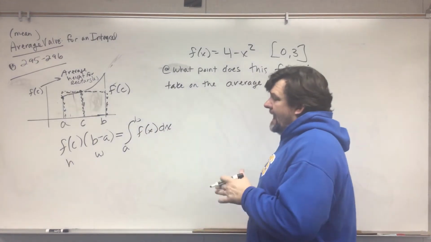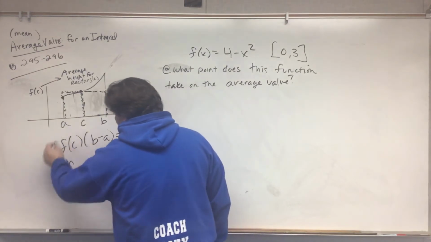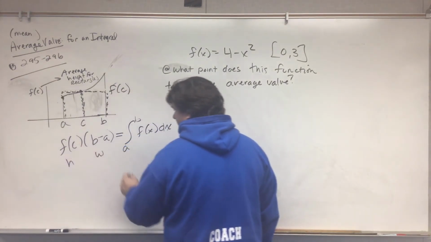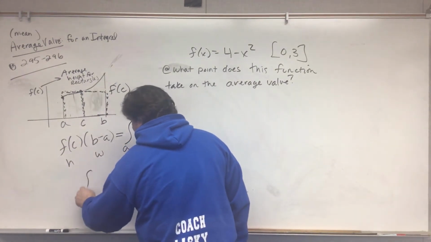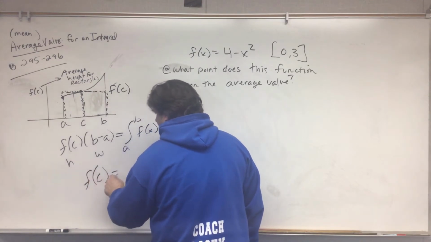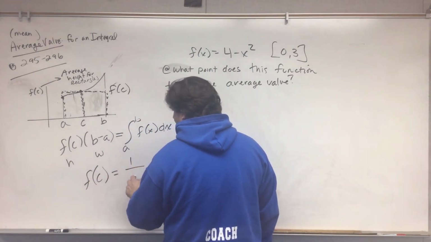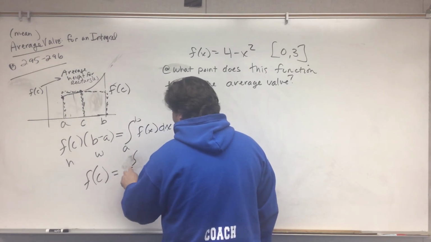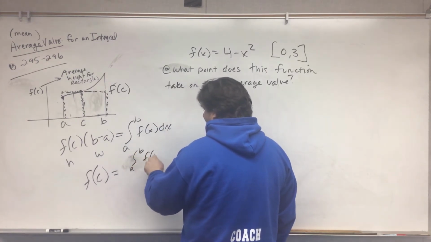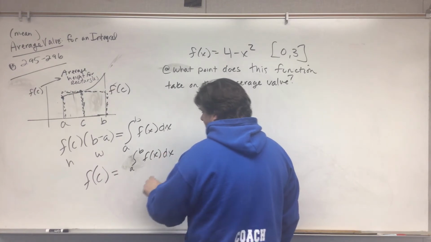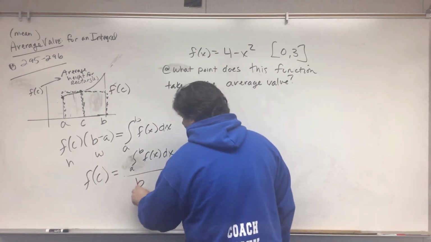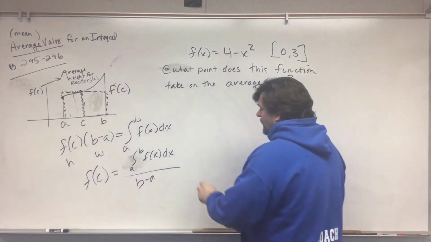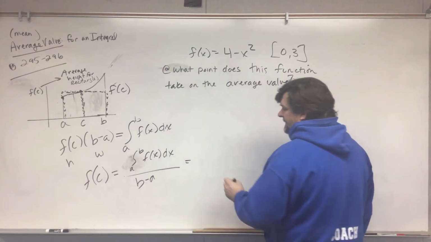So how do I find f of c? I divide by b minus a, and I get f of c equals the integral from a to b of f of x dx divided by b minus a, which they turn into this formula.